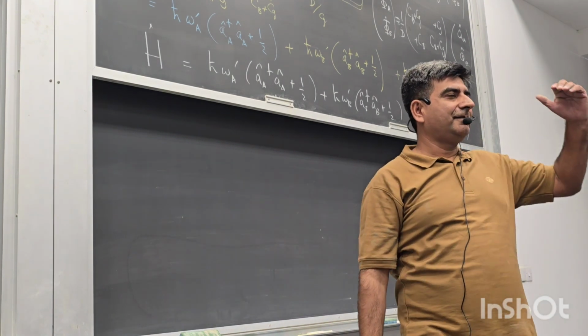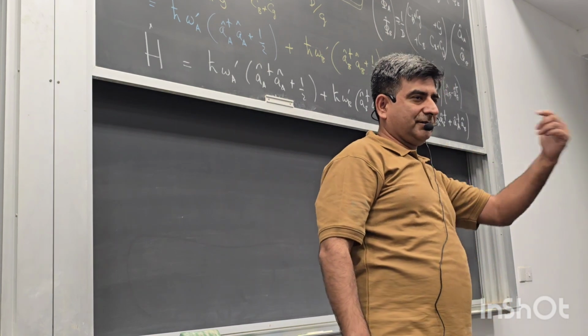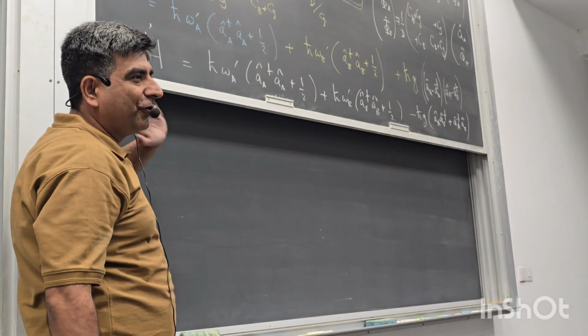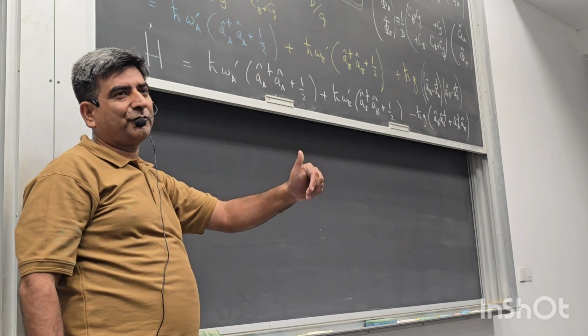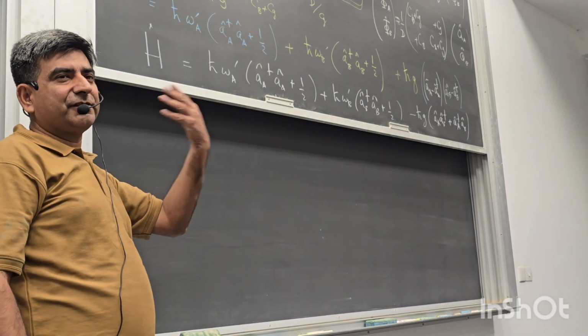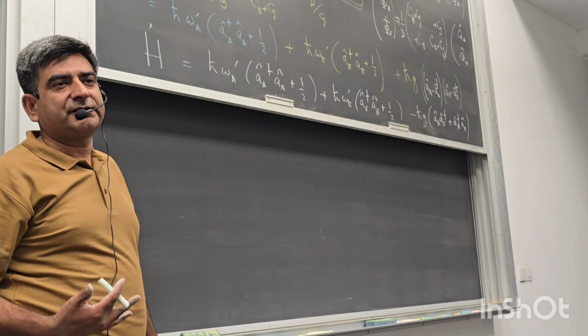This is similar to the Jaynes-Cummings Hamiltonian, only that now we are coupling between two harmonic oscillators instead of a harmonic oscillator and an atom. So this can be considered an extension of the Jaynes-Cummings model.